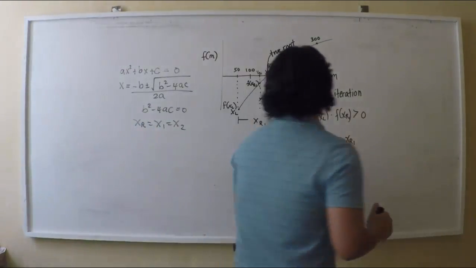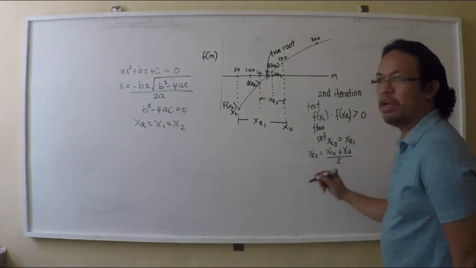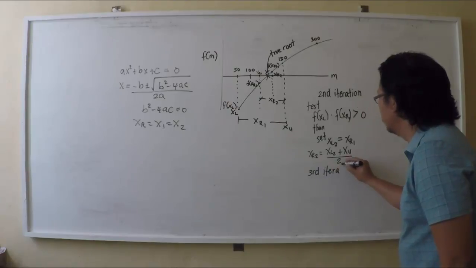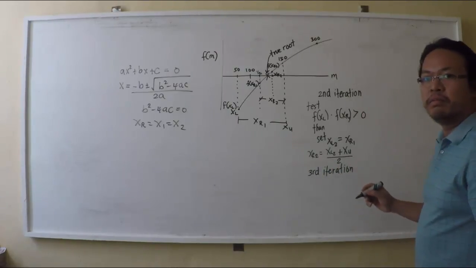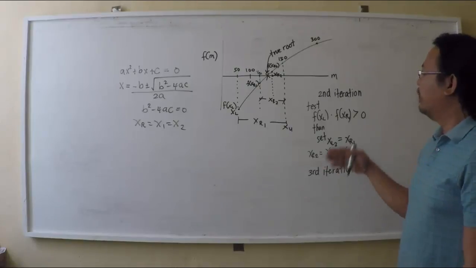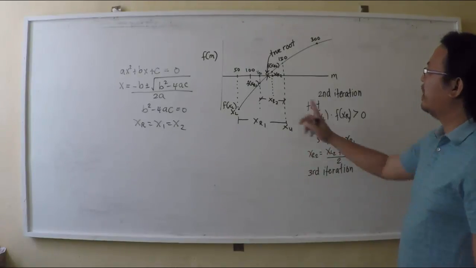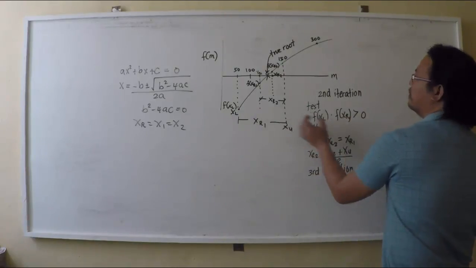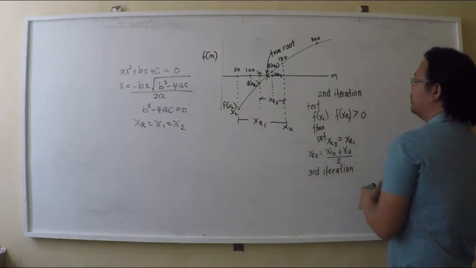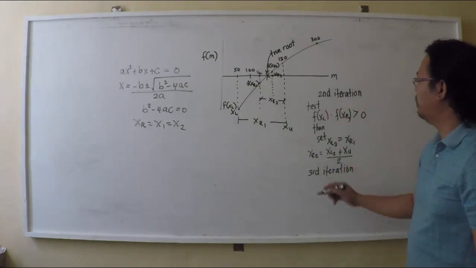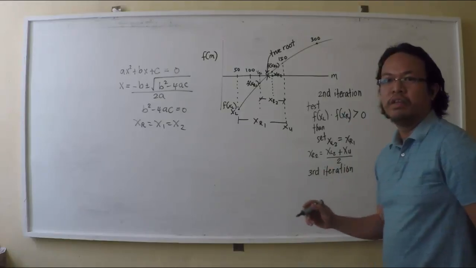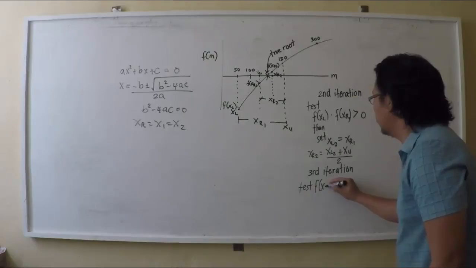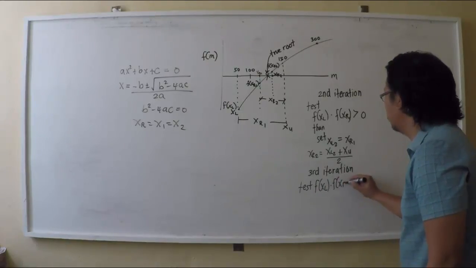Now, to go to the third iteration, you have to test again. In this case, it's quite different, because a while ago, f of xl times f of xr was negative times negative, positive, greater than 0, so you set xl2 equal to xr1. Now here, in the third iteration, your test is f of xl2 times f of xr2.